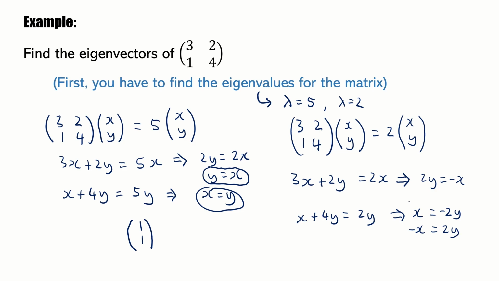We can pick any x and y value that satisfies this relationship, so I'm going to go with, let's say, x equals 2 and y equals minus 1, because that would work in that particular equation. So there you go, those are our two eigenvectors, 1, 1 and 2, minus 1. There are alternative answers, but they'll just be vectors that are parallel to the two vectors I have written here.